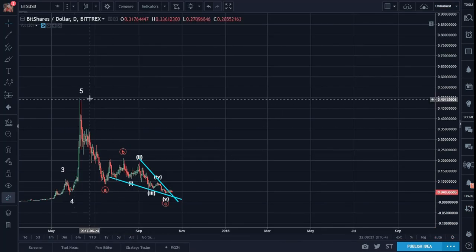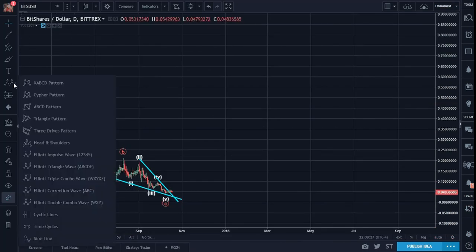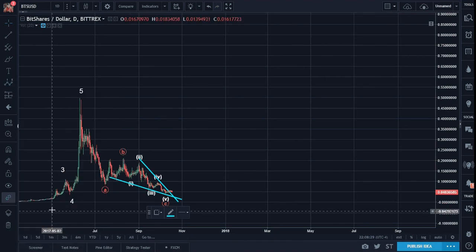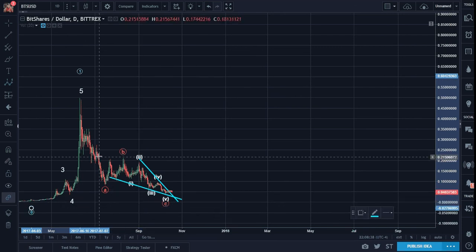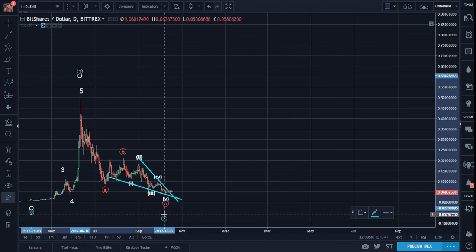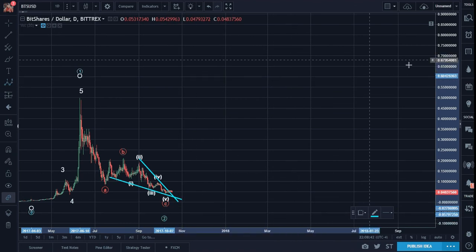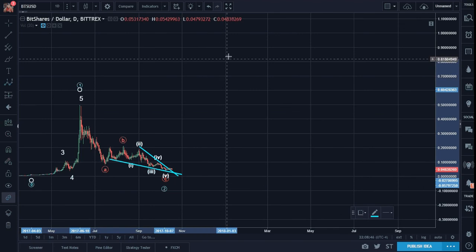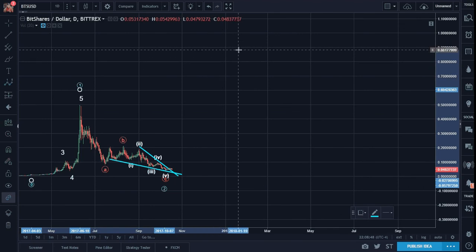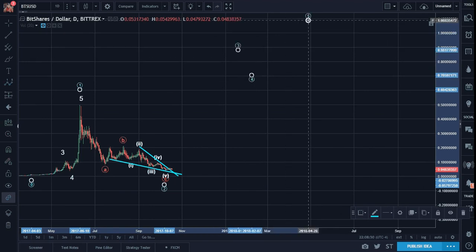And if that's the case, then these 5 waves will become subwaves to high degree wave 1. This ABC becomes subdegree to high level wave 2. And then we're looking at something like that.